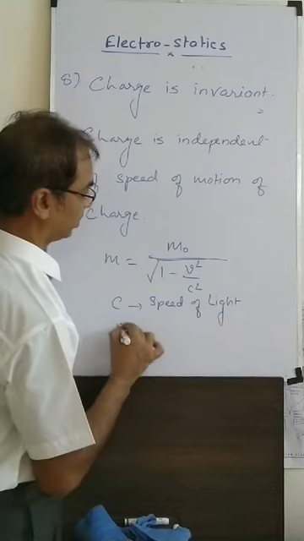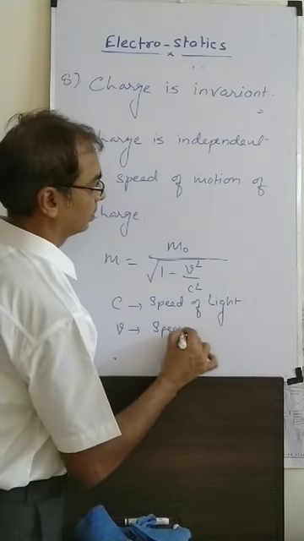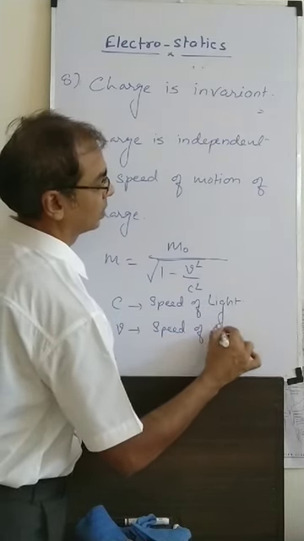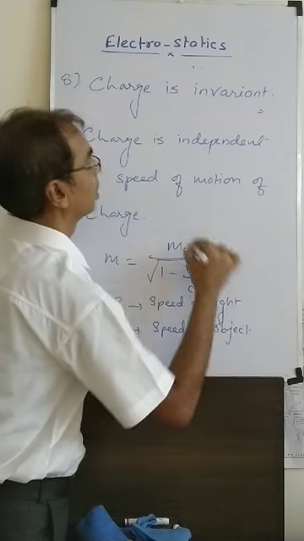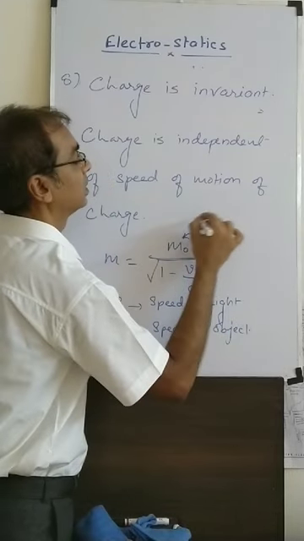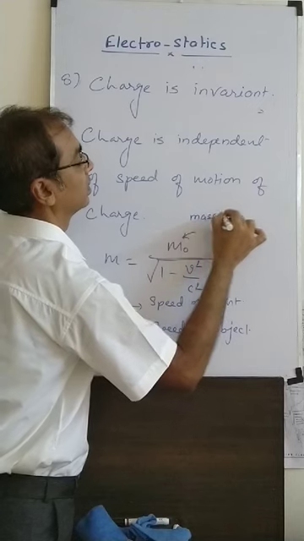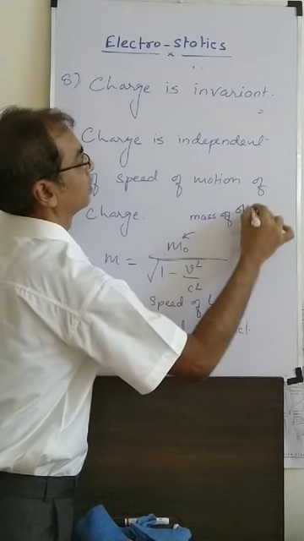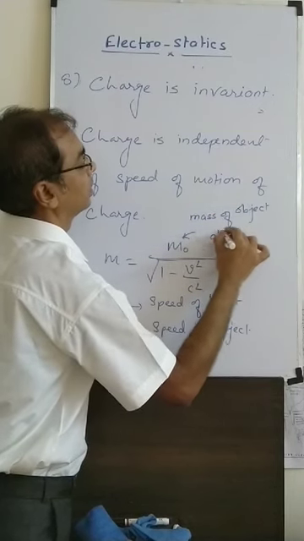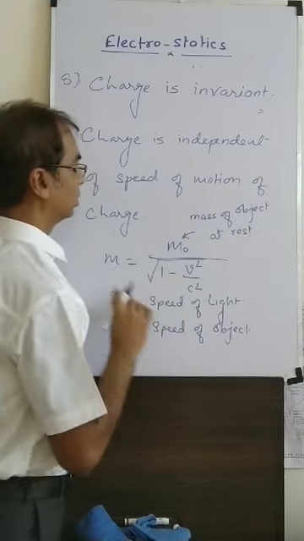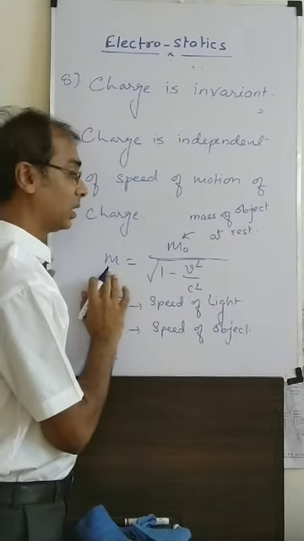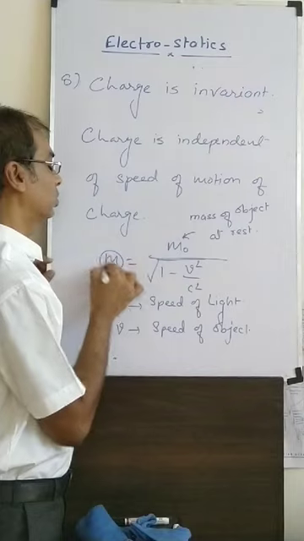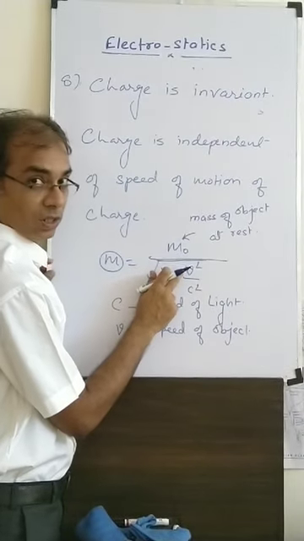v is the speed of the particle, or speed of mass. And what is this m naught? m naught is the mass of the object at rest. So if the particle is moving with a speed comparable to the speed of light, then mass is going to change as v is changing.